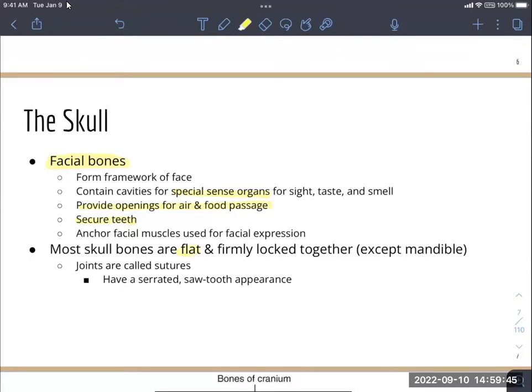Especially in your skull, they're locked together. Your mandible, which is the lower part of your jaw, is the only movable joint in the skull. So there are joints that make up the different bones that make up your skull. They are called sutures. And they're kind of like a serrate, like a sawtooth appearance.